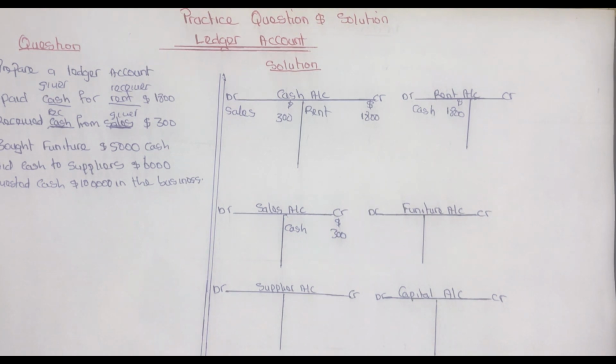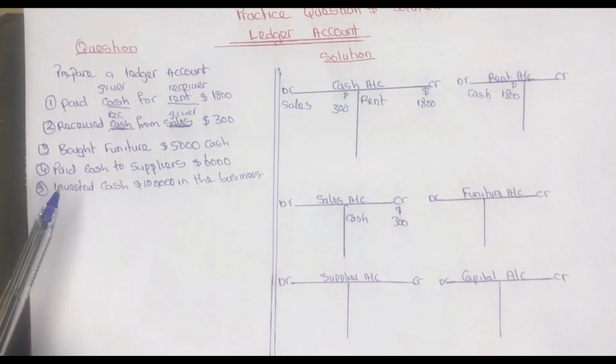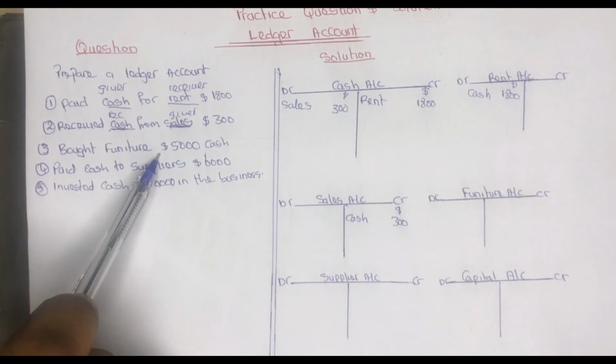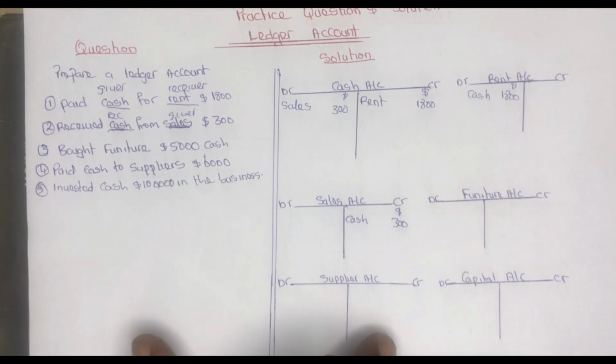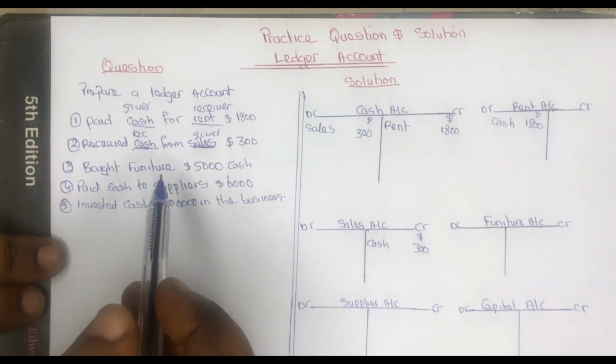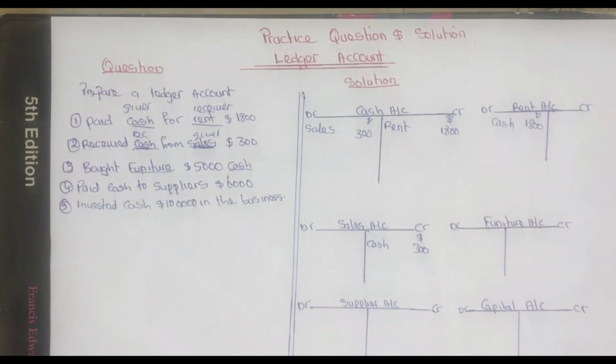So the next transaction says bought furniture, $5,000 cash. So the two accounts here are the furniture account and the cash account. So remember, for instance, the cash account, you are not going to do different cash accounts for different transactions.